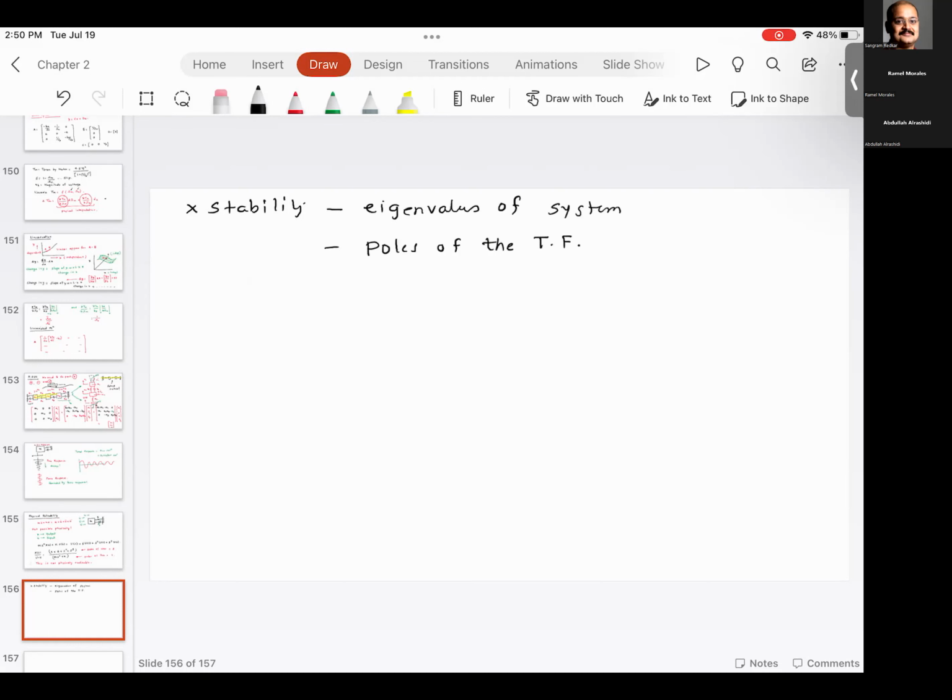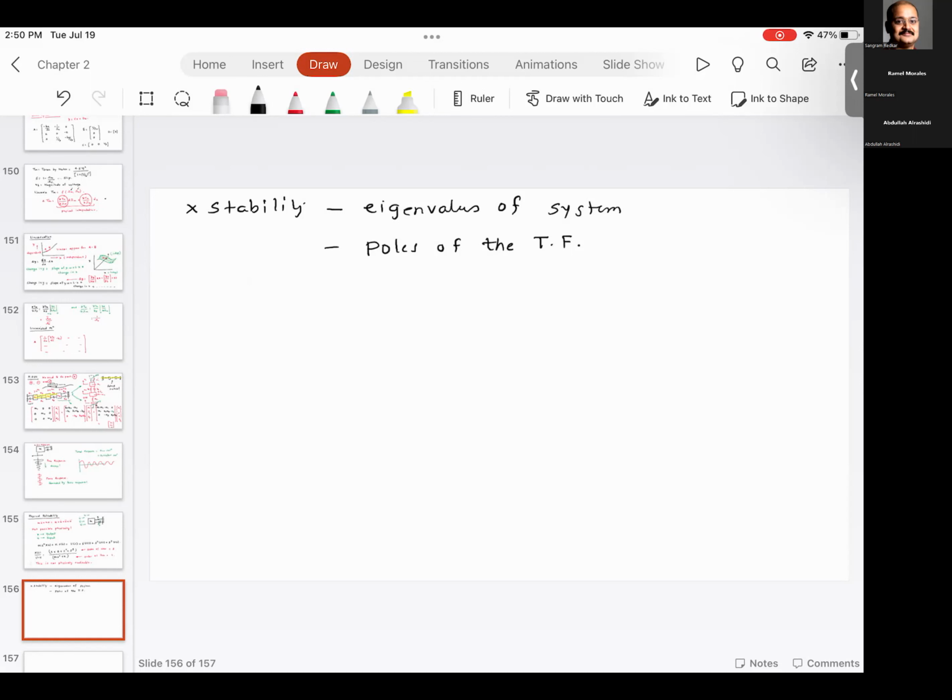Now the question is, sometimes the system may be stable, but if the forcing frequency matches the natural frequency of the system, it could still become unstable, which means the system response would become infinite.